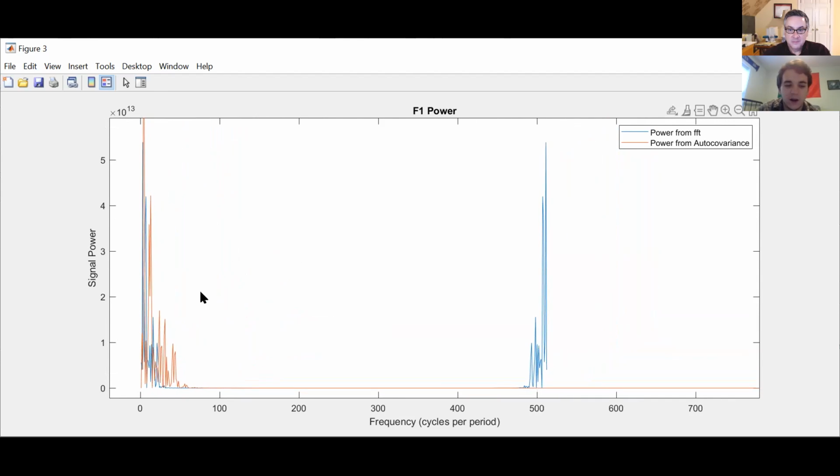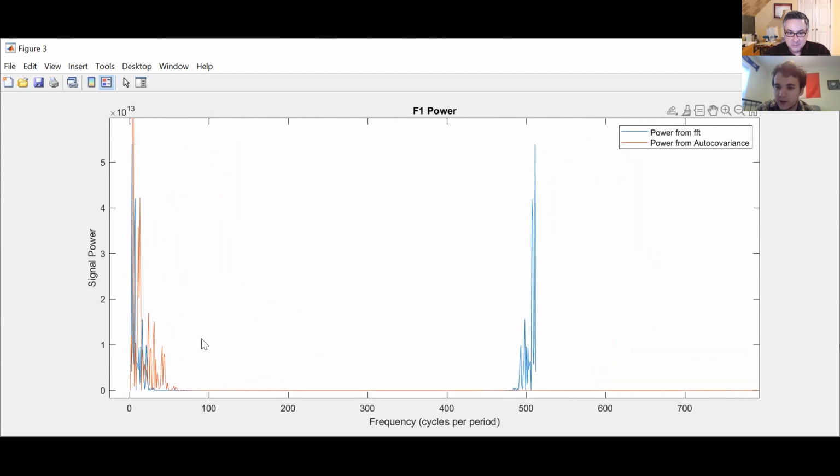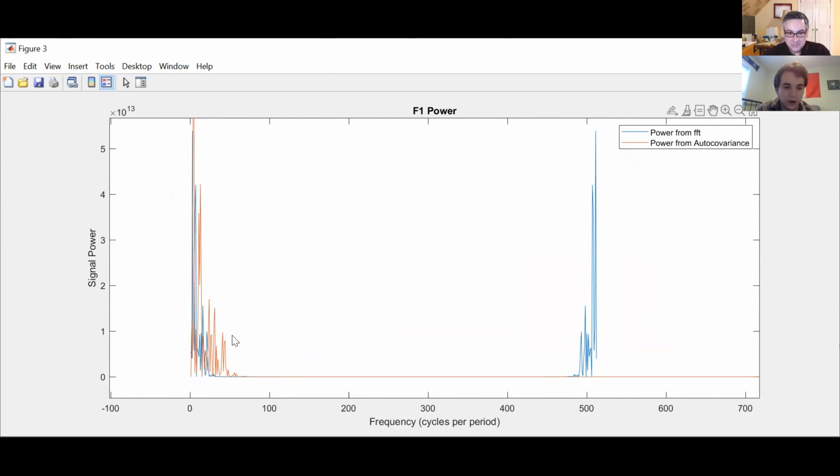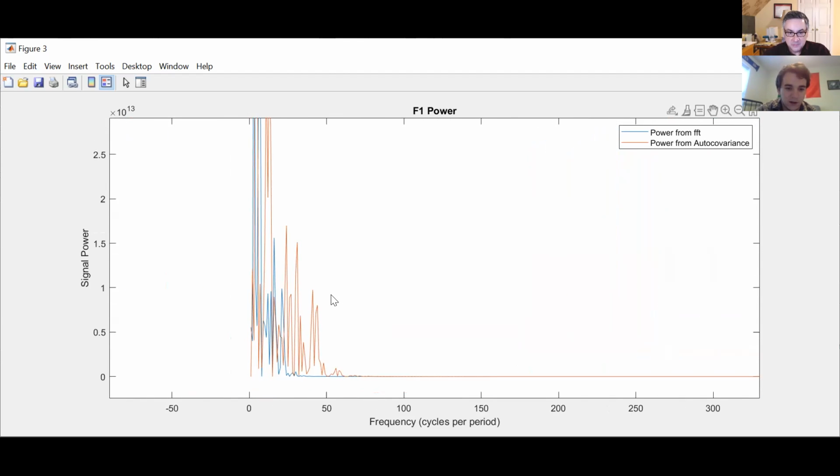Okay, I understand that part, but the part in class where we said the expected value of the power function should equal the Fourier transform of the covariance, looking at this graph, you can kind of tell there is a relationship there, but it's shifted, like you said. So I'm having a hard time understanding where the disconnect is.